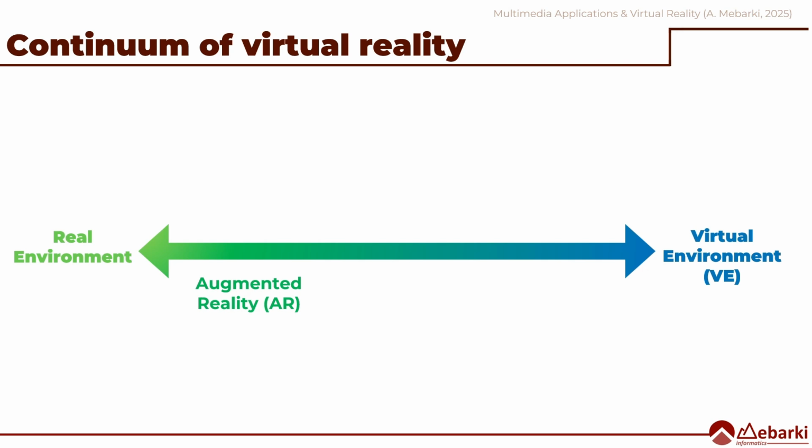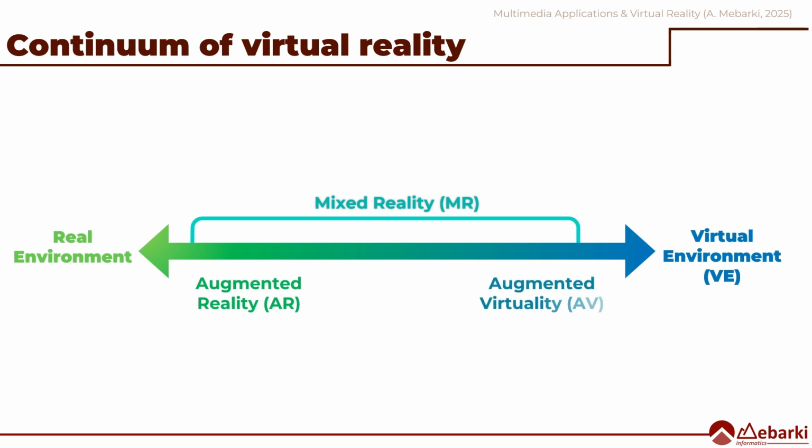At the center, mixed reality blends both worlds so that real and virtual objects interact dynamically. Moving further, augmented virtuality is mostly virtual, but still integrates real-world elements, such as live video or real objects.